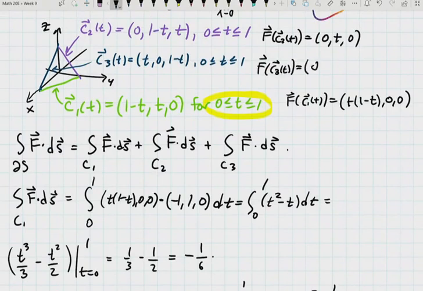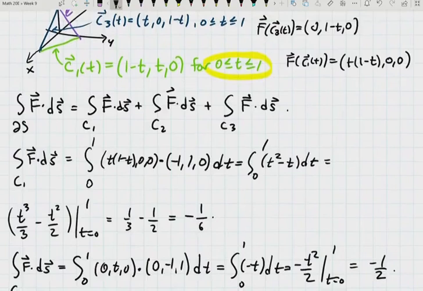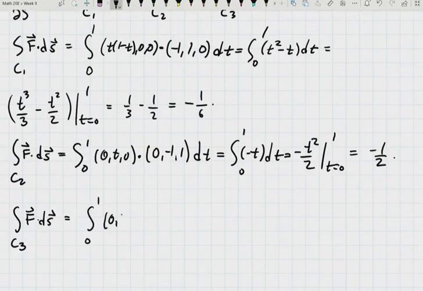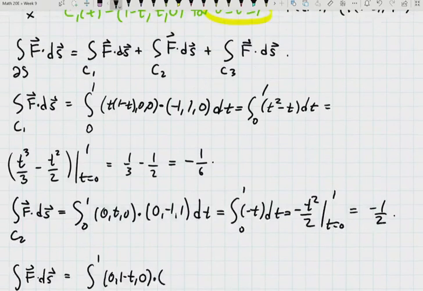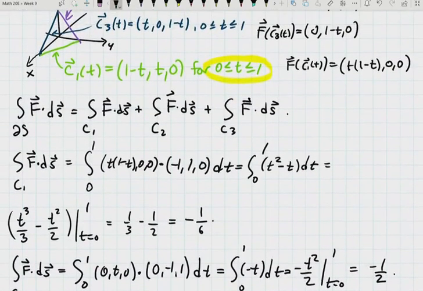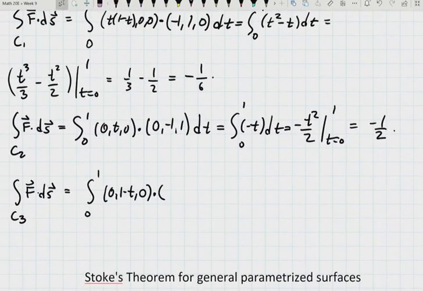X times Y is 0. Z is 1 minus T. So 0, 1 minus T, 0. But what is C3 prime? 1, 0, negative 1. Nice. So I get 0. Sweet.